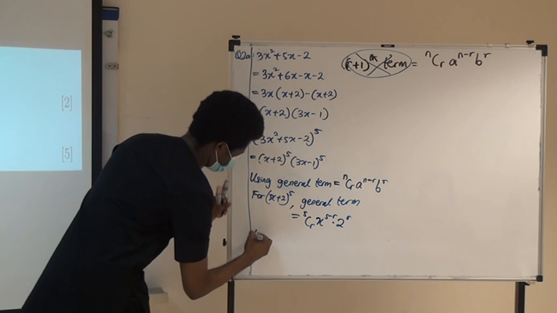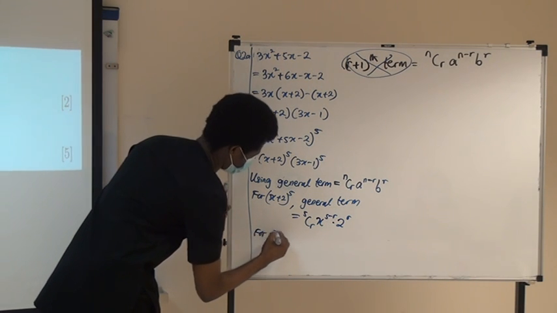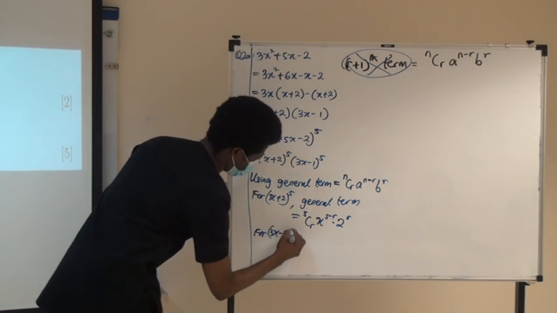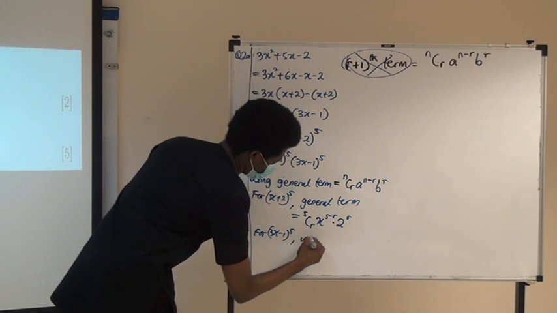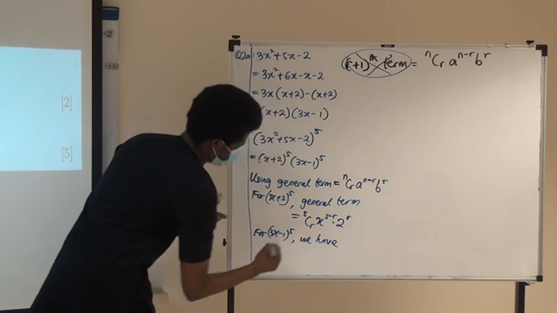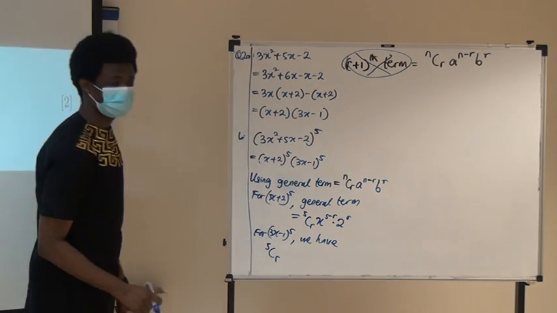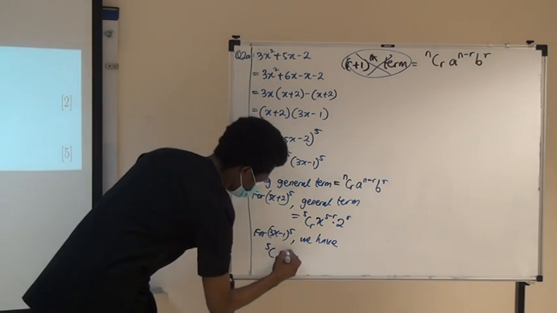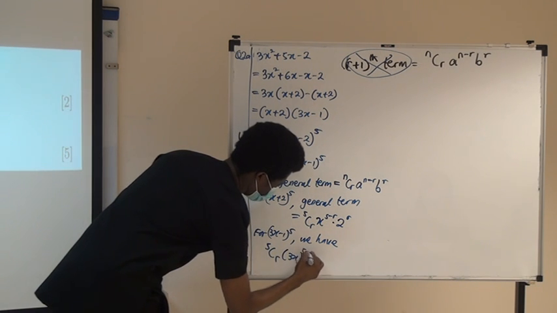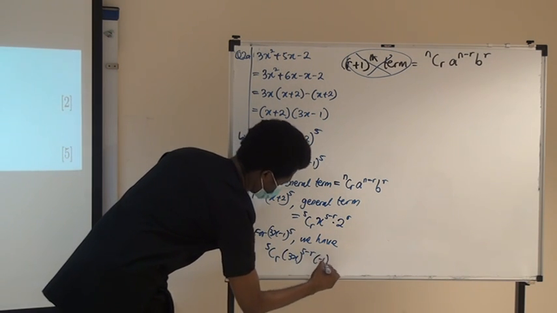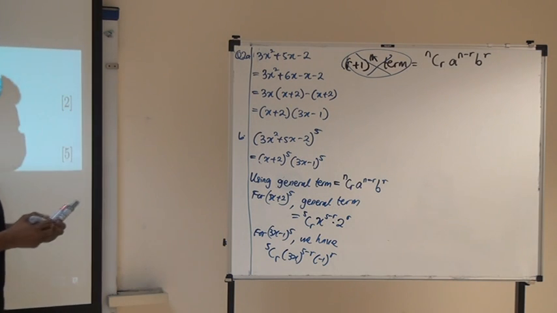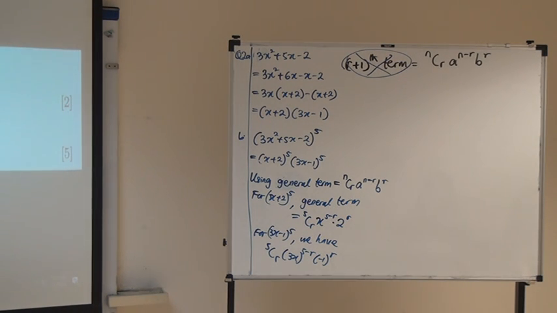That's for the first one. And for the second one, 3x minus 1 to power 5, what is the general term? 5 combination r, 3x to power 5 minus r, then negative 1 to power r. So those are the two general terms. Okay?